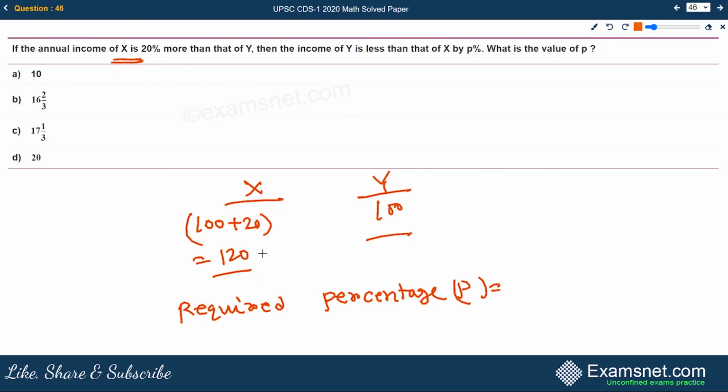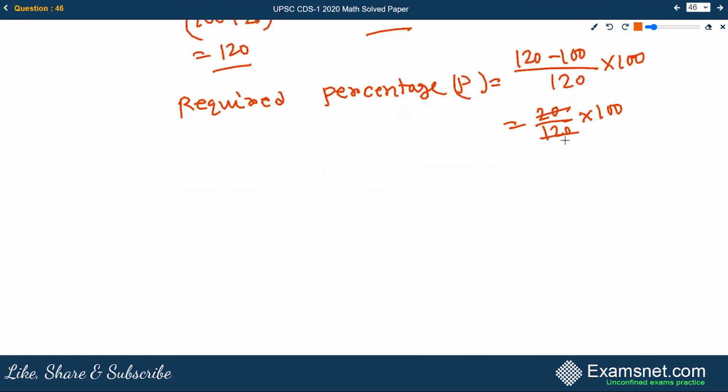That is the difference between these two values. That is 120 minus 100 by, what is the original value here? Based on what we are checking, how much percentage is less, that is the income of X. So 120 multiplied by 100.